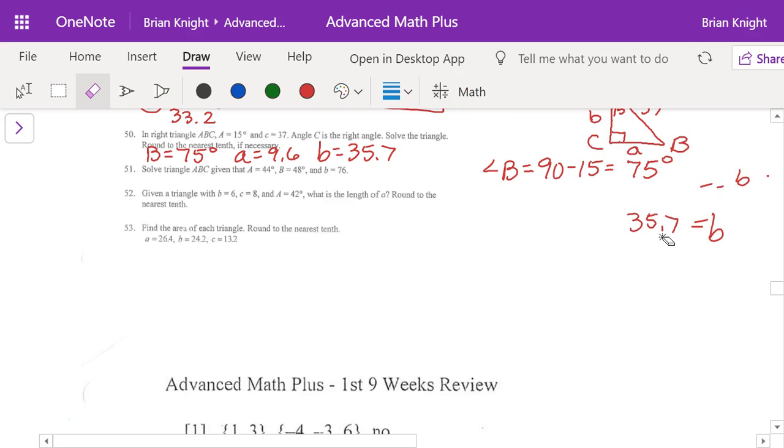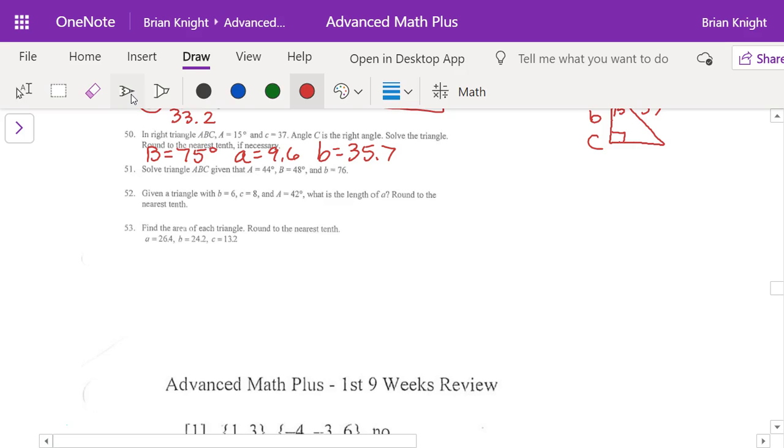On 51, does it say anything about the triangle being a right triangle? It does not. So, can we do SOHCAHTOA if it's not a right triangle? No, we can't. So what we have to do is assume it's not a right triangle, which means we can use either law of sines or law of cosines. For this particular problem, we can use law of sines.